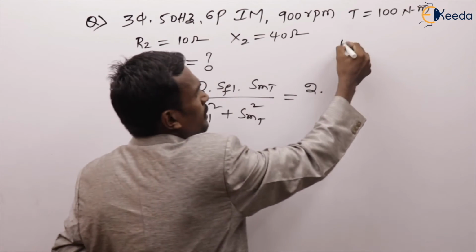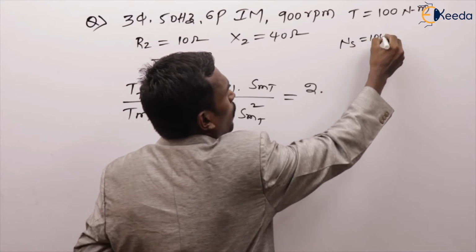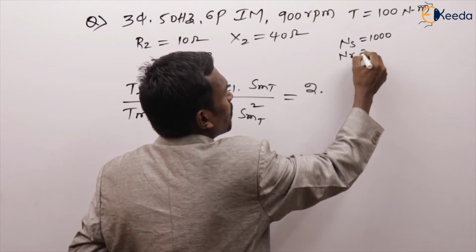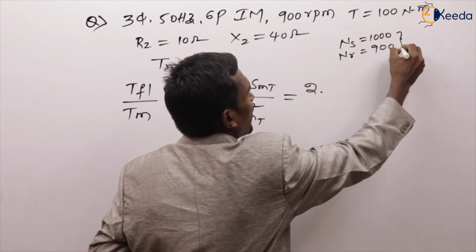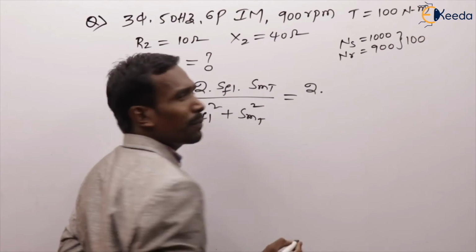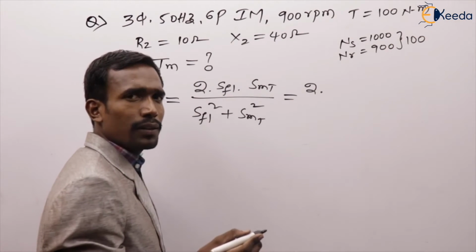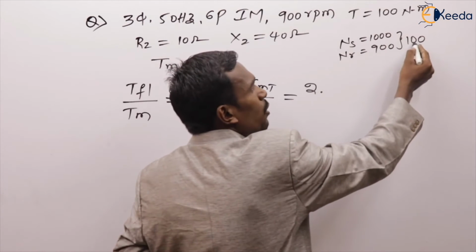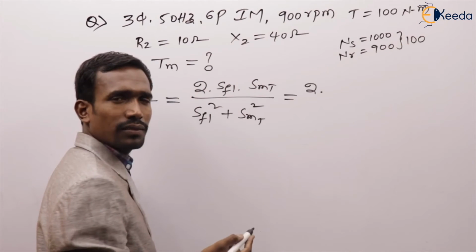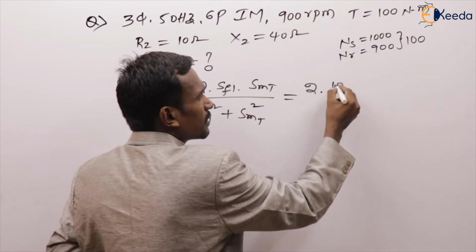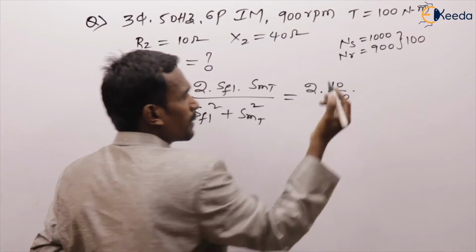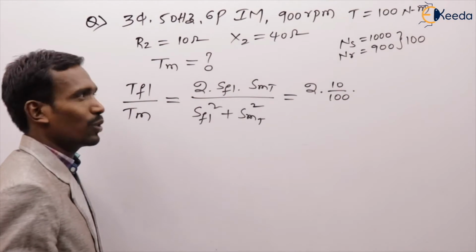The rotor speed is 900 RPM, so 100 RPM is missing. 100 RPM is the slip. 100 is how much percent of 1000? 100 is 10% of 1000.